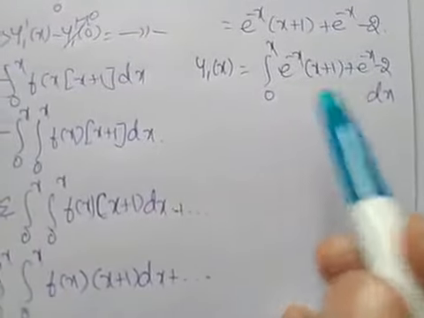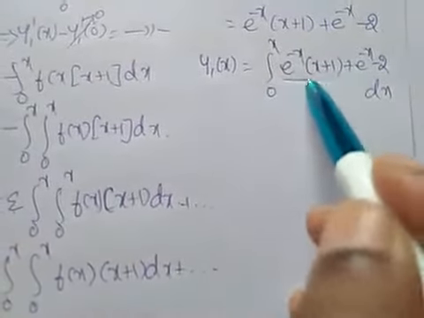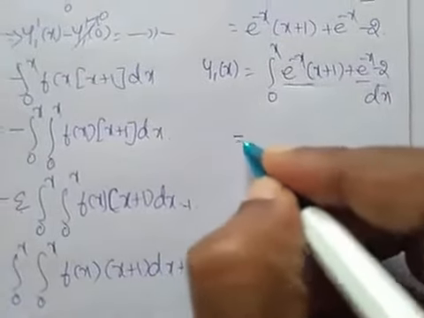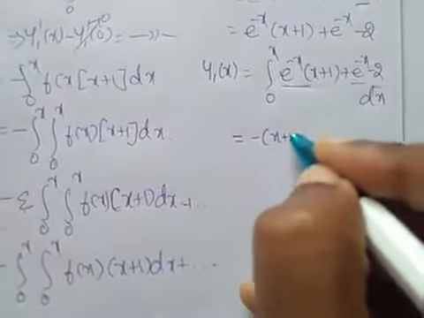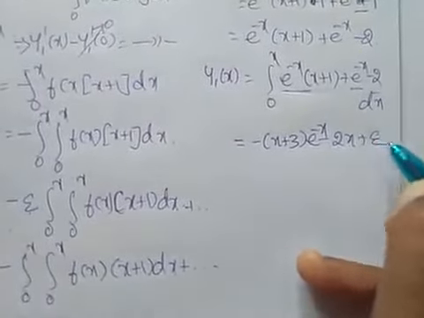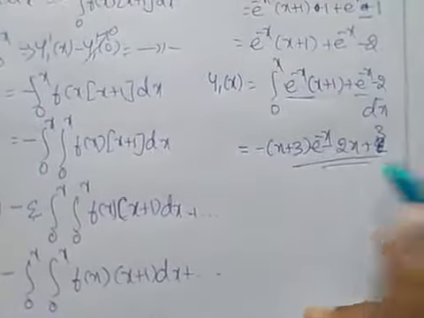So using the same procedure, integration by parts here, if we integrate these two terms, finally we will get minus (x plus 3) into e power minus x minus 2x plus 3. This is our y1 term.